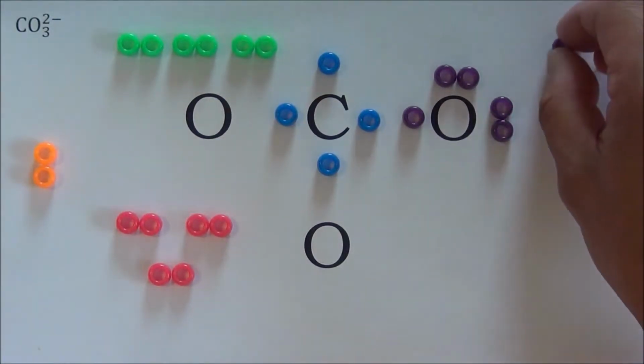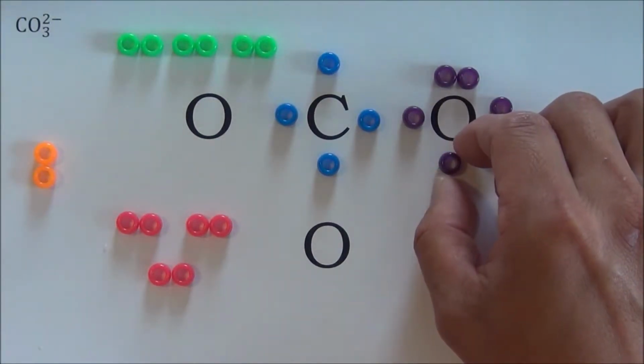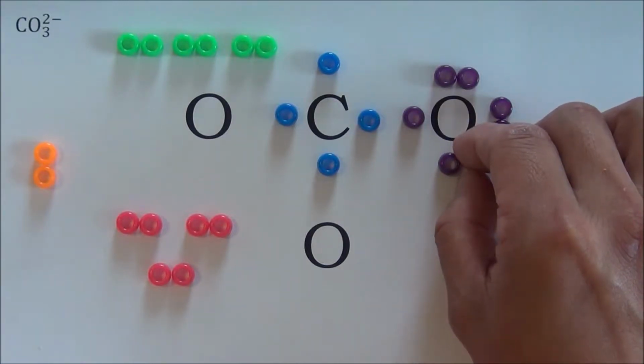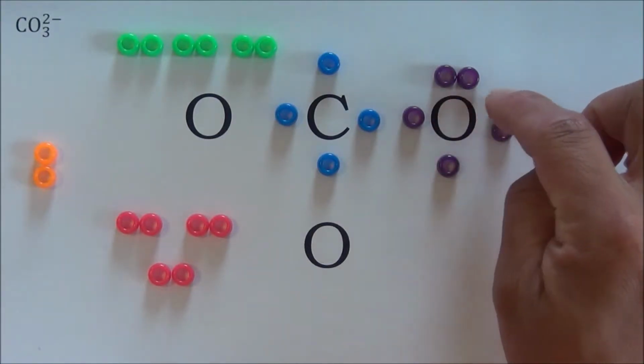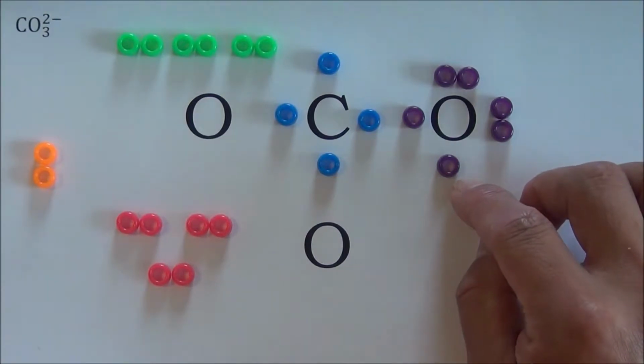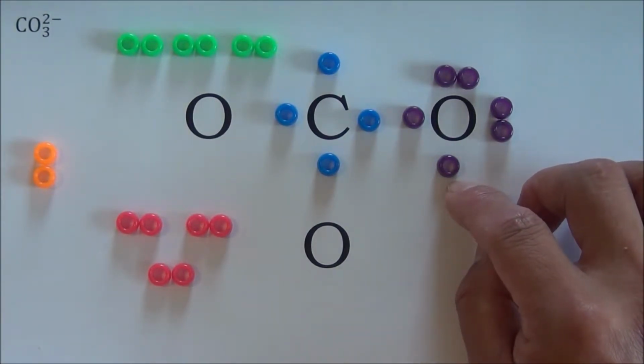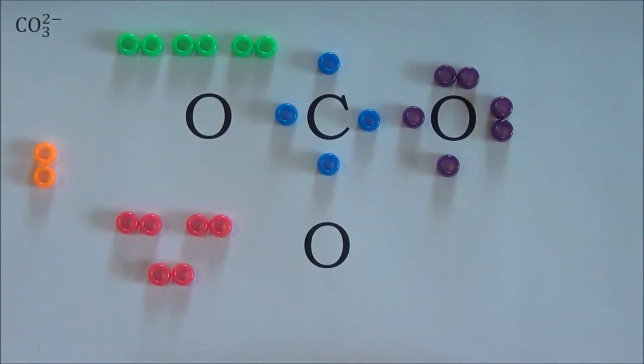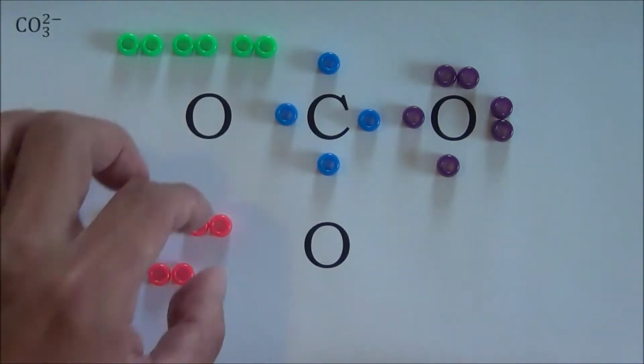When we place the electrons left from the previous step into groups, we need to form groups of 2 electrons unless we have an odd number of electrons. If we have an odd number of electrons, we will have 1 group with only 1 electron. All the other groups should have 2 electrons. We will do the same for the other 2 oxygen atoms.